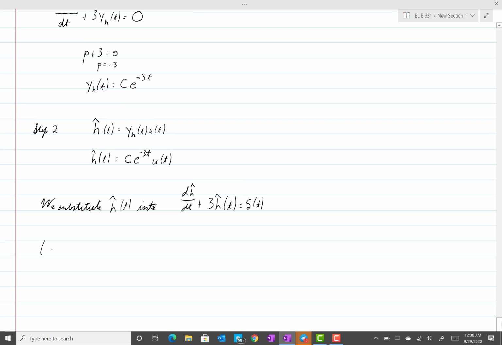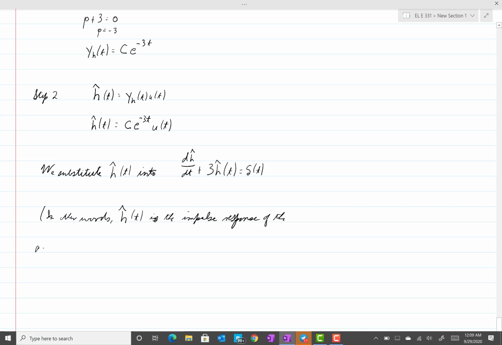So in other words, h hat of t is the impulse response of the associated system dy/dt plus 3y of t equals x of t.